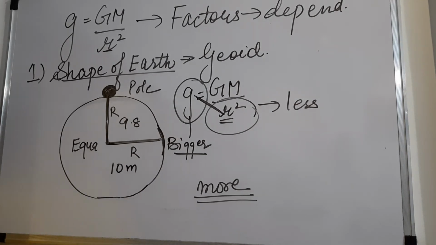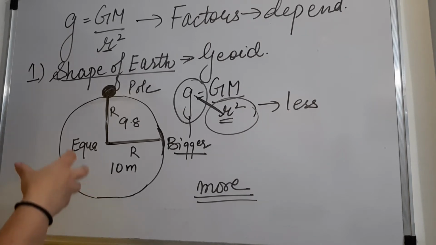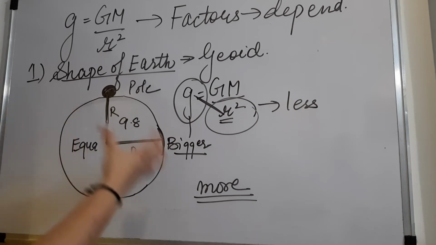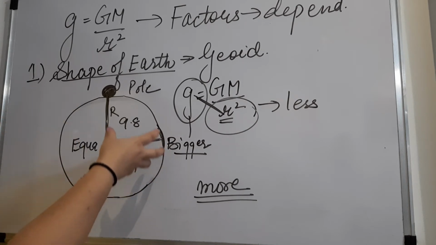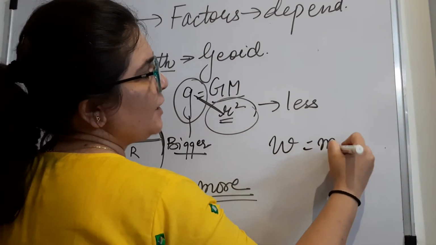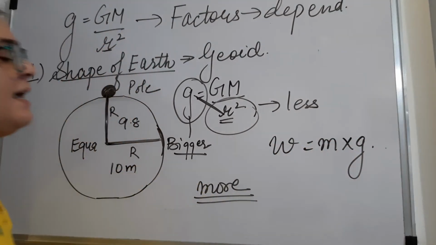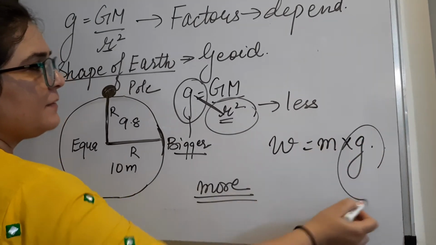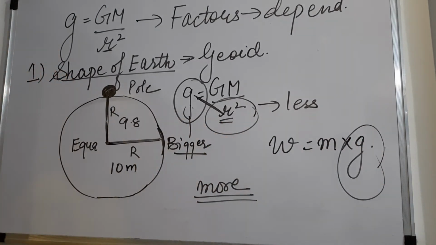Let's say if you have gold, at which particular point on the surface of Earth will the weight of the gold be more? Okay, now what is weight? Weight is mass into acceleration due to gravity. Where is gravity more? Gravity is more at poles.